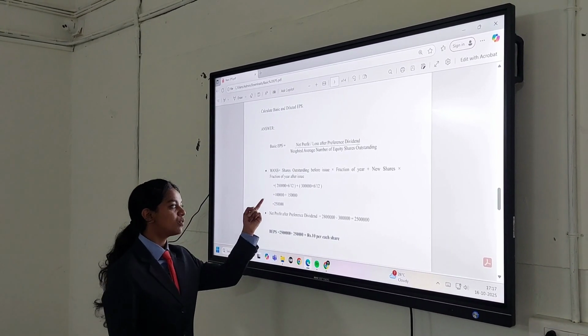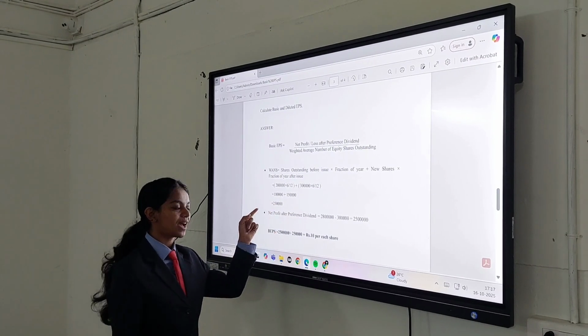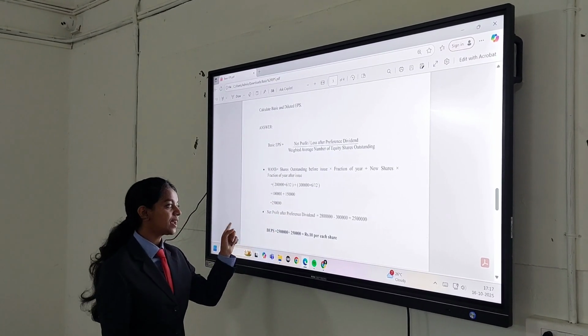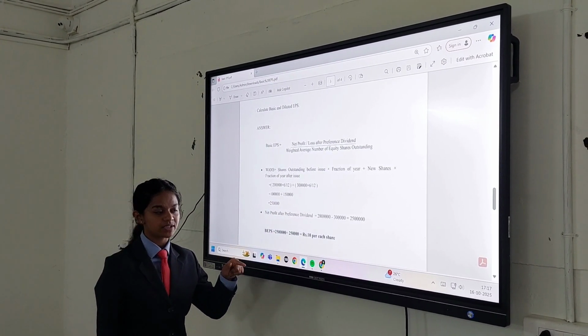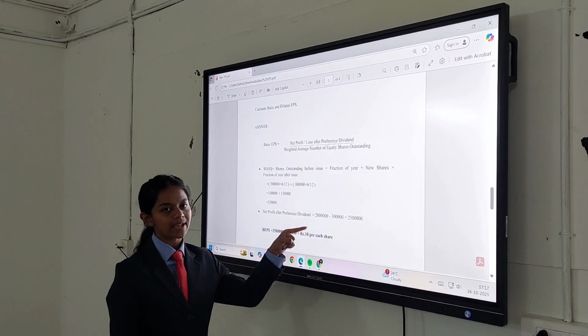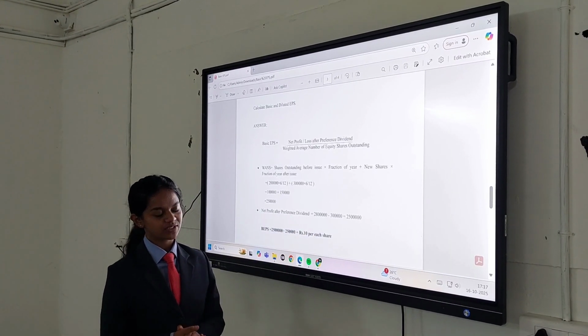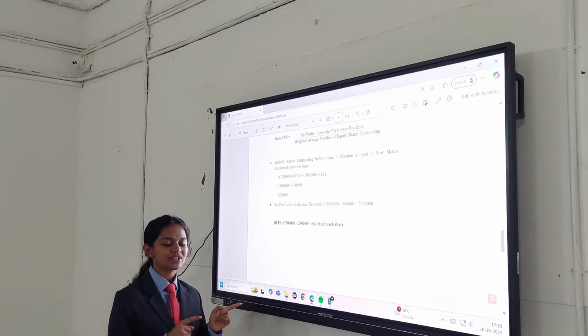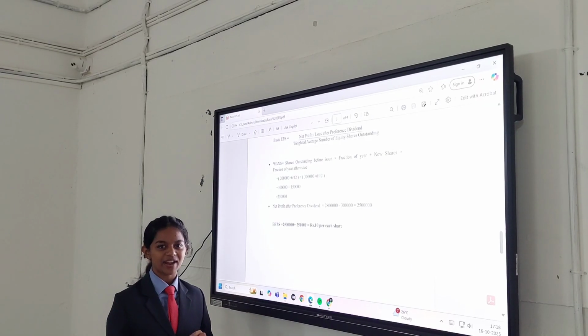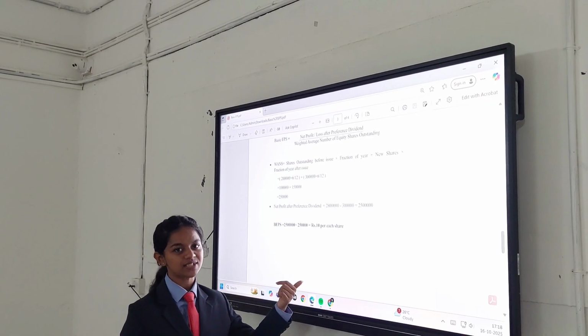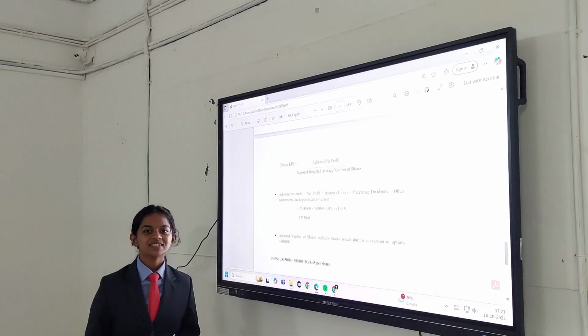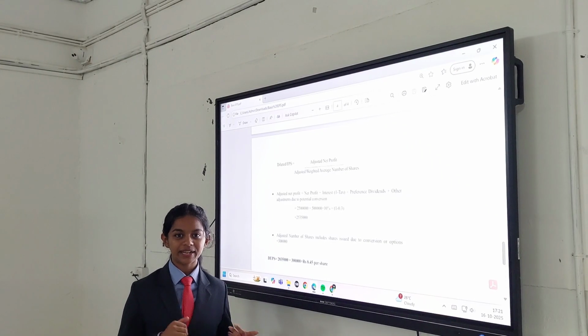WANS is equal to 1 lakh plus 1 lakh 50,000, that is 2 lakh 50,000. Net profit after preference dividend is equal to 28 lakhs minus 3 lakhs, that is 25 lakhs. Basic earnings per share is equal to 25 lakhs divided by 2 lakh 50,000, that is rupees 10 per share.